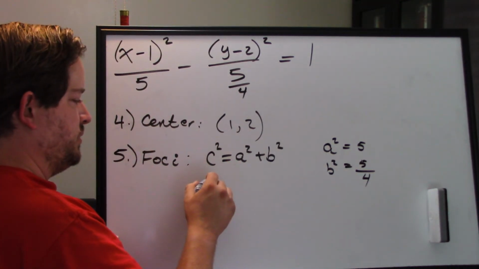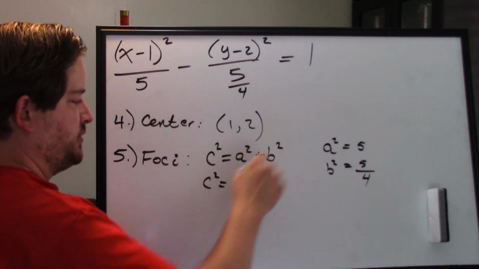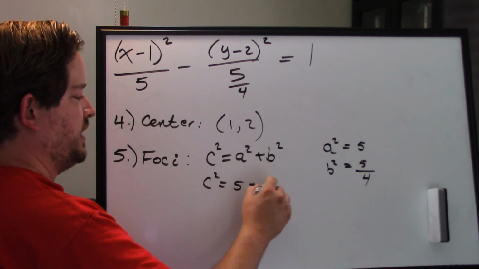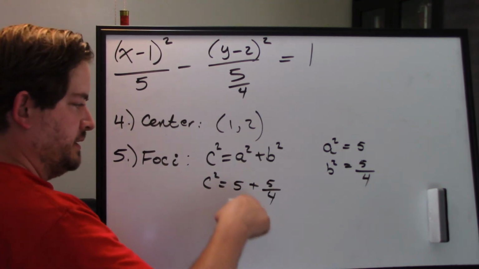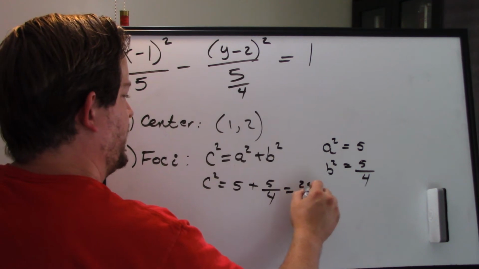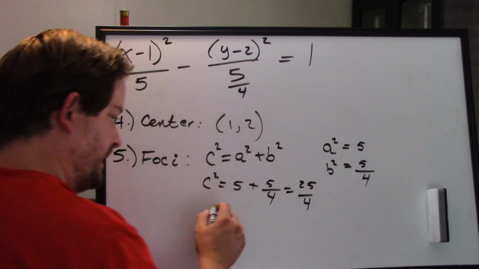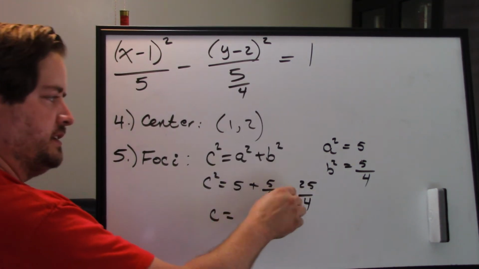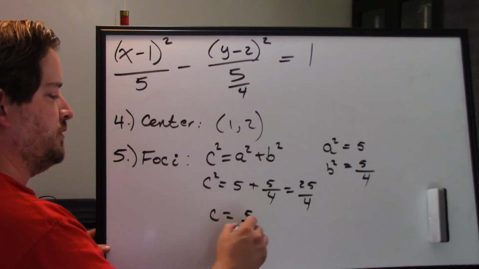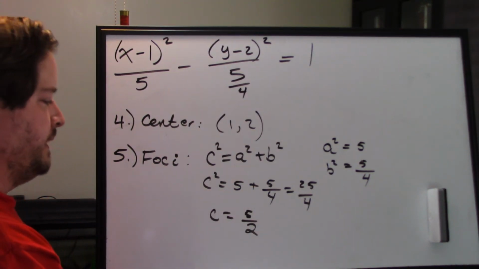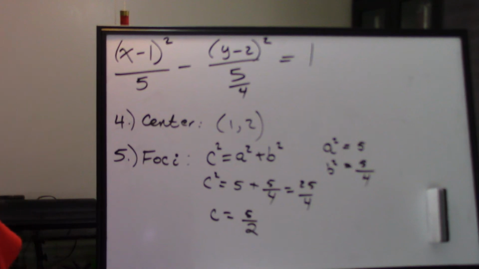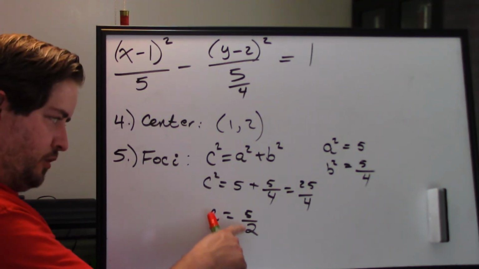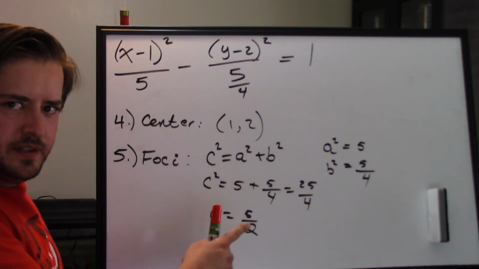So then C squared is 5 plus 5/4, right? This is going to turn into 25 over 4. And that tells us that C is the square root of that, which you can see is 5 over 2, right? And then the foci happen 5 over 2 away from the center, right?